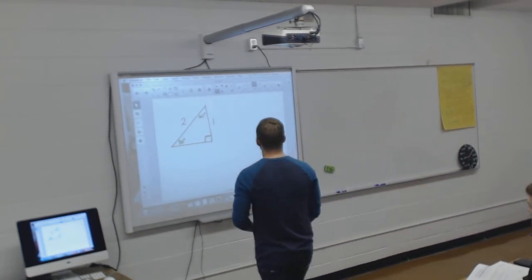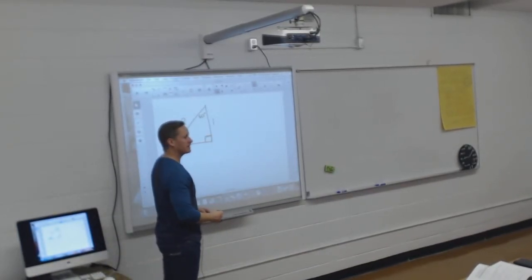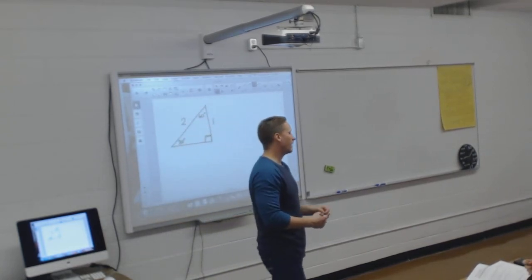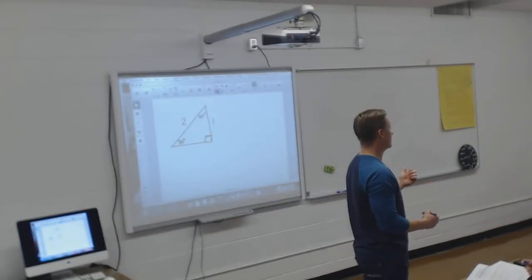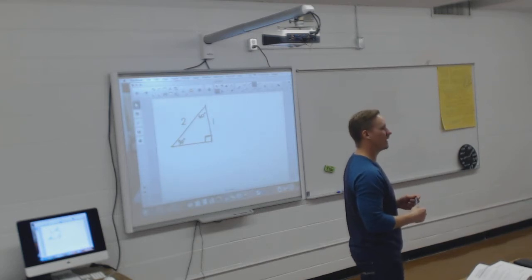All right, what does that then make this side? Anybody know what the length of this side is going to be then? Well, what do you think? 1.5. Anybody else want to try? Anybody have any idea how you find it? How about that? 2 squared subtract 1 squared. 2 squared is 4, 1 squared is 1. 4 subtract 1 is 3, and then square root it.